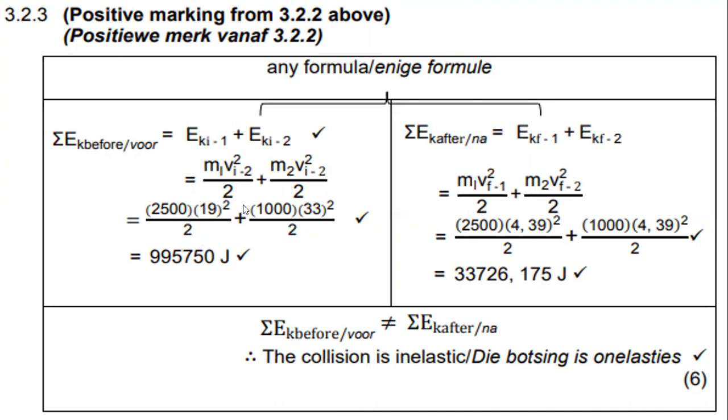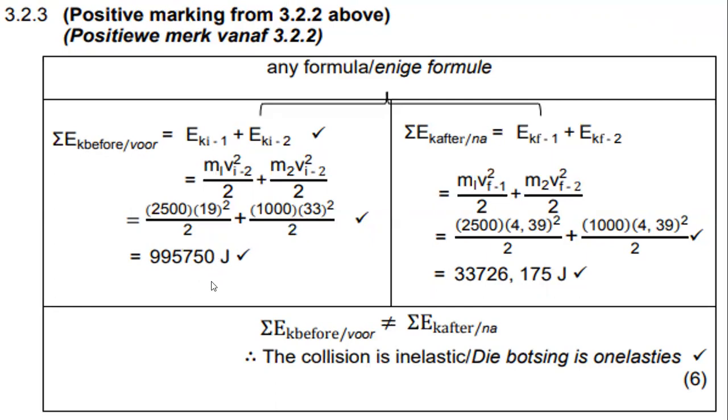Divided by 2 plus, for the car, the mass of the car is 1,000. The initial speed of the car is 33 meters per second, and it is squared divided by 2, right?